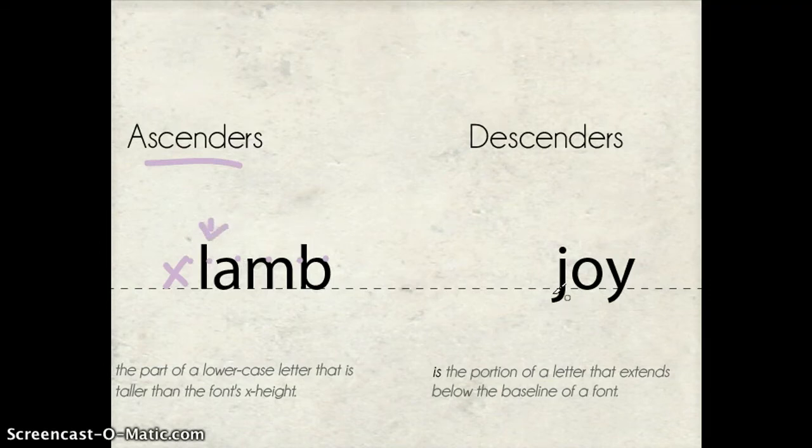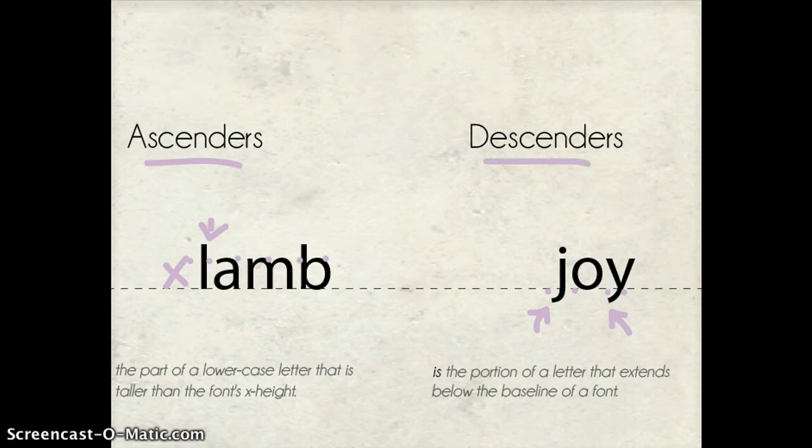And next we have descenders, which is the portion of a letter that extends below the baseline of a font. So you can see the fonts follow this dotted pattern. The J and the Y have fallen beneath this baseline, so we call these descenders.